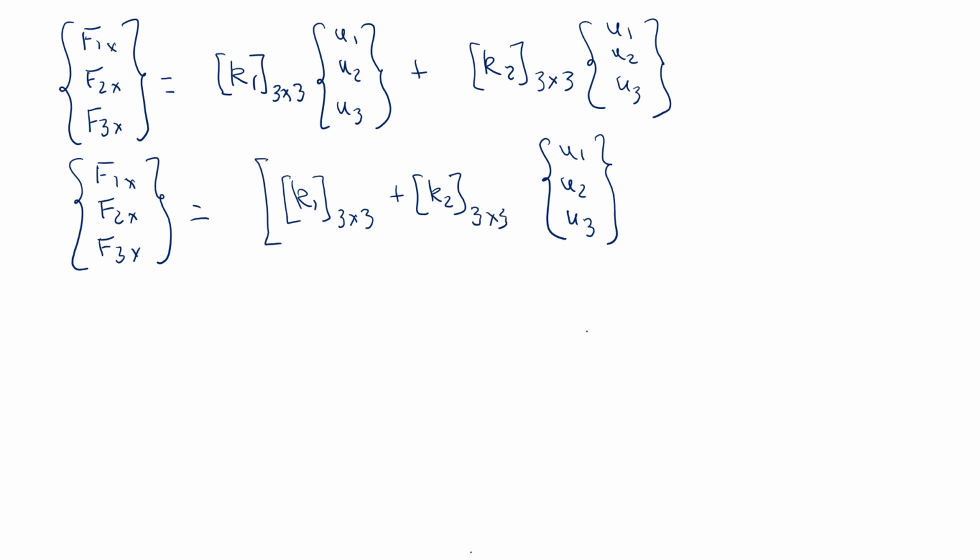And this is how we superimpose them to find the global stiffness matrix that is a 3 by 3. So based on that, I can say that this here is the global stiffness matrix K.